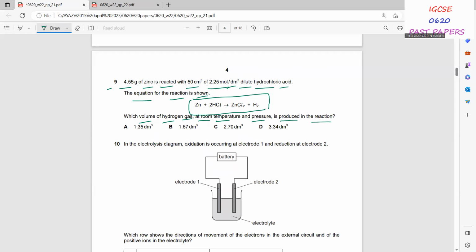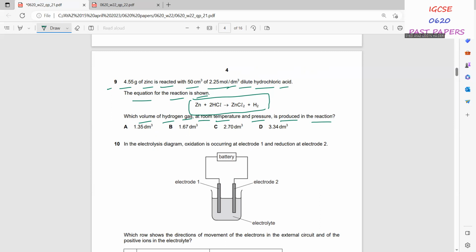From the data, first of all, we need to find the excess and the limiting reactant. Once we know which of the reactants is limiting, then we will use the moles of this limiting reactant in order to find the moles of hydrogen. Then we will be able to calculate the volume of gas.